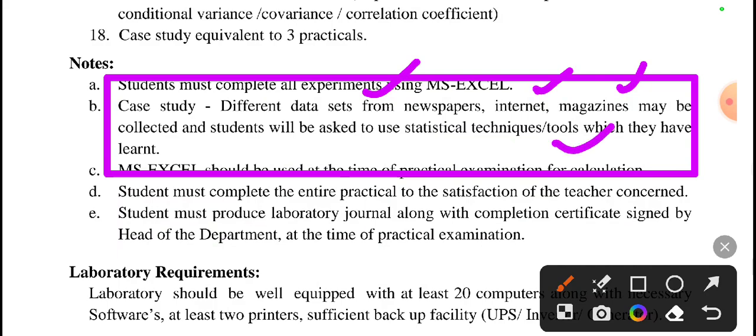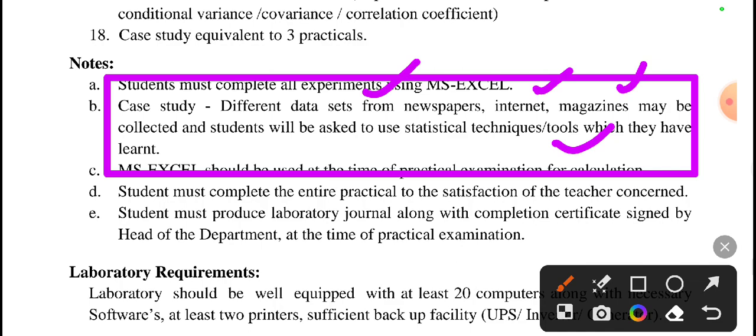Those are the statistical tools which you have learned in this year, including semester 1 and semester 2. You have to use those tools in solving the data which you have collected.